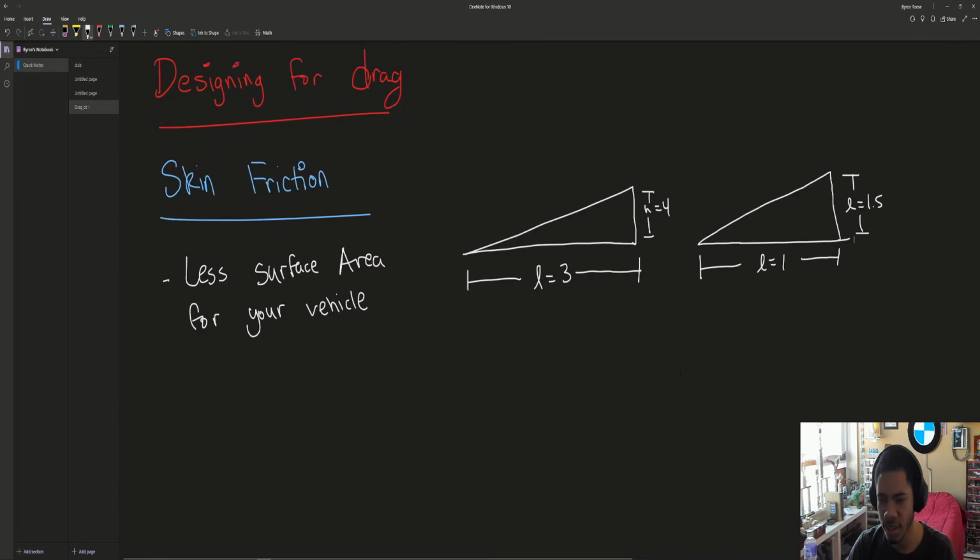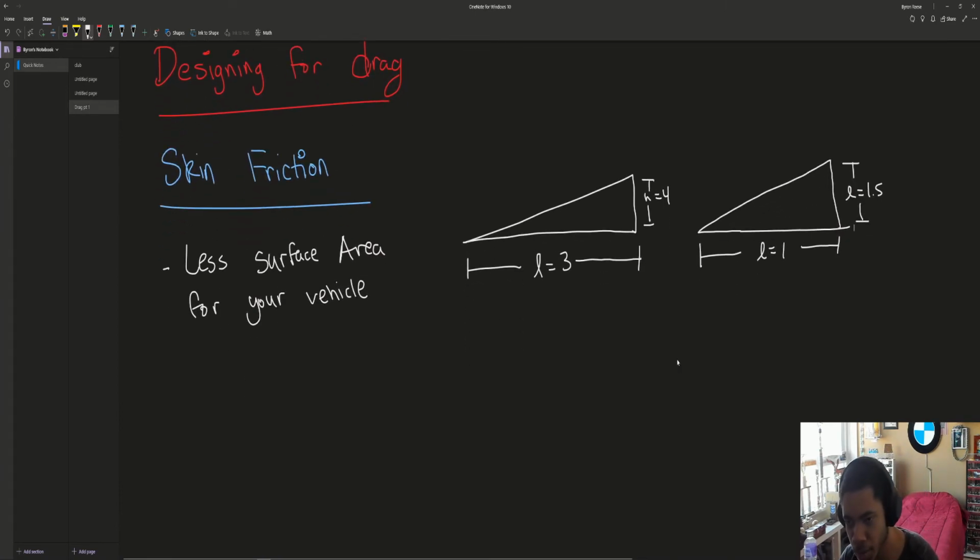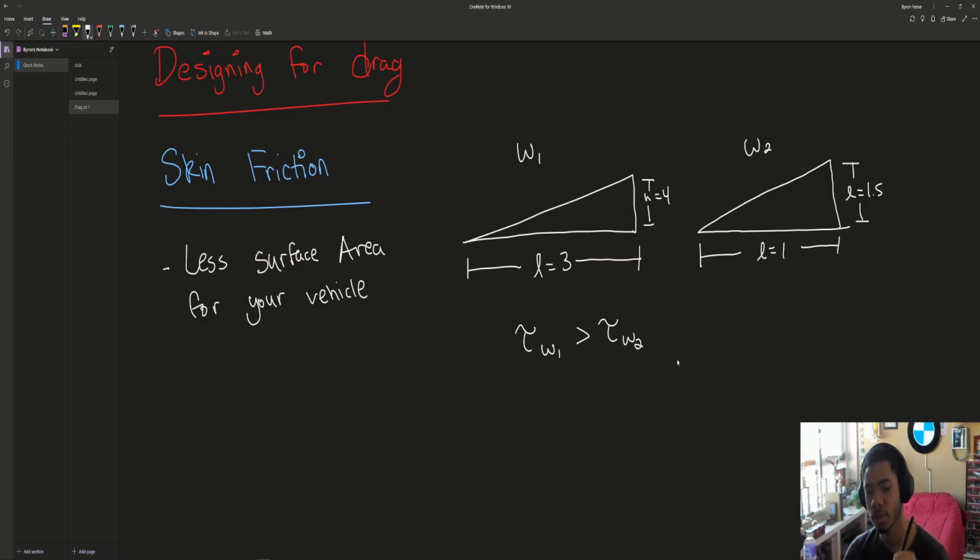So we have a wedge like this. We'll call this wedge 1, wedge 2. The amount of shear force on wedge 1 will be more than that on wedge 2, because wedge 2 has less surface area.